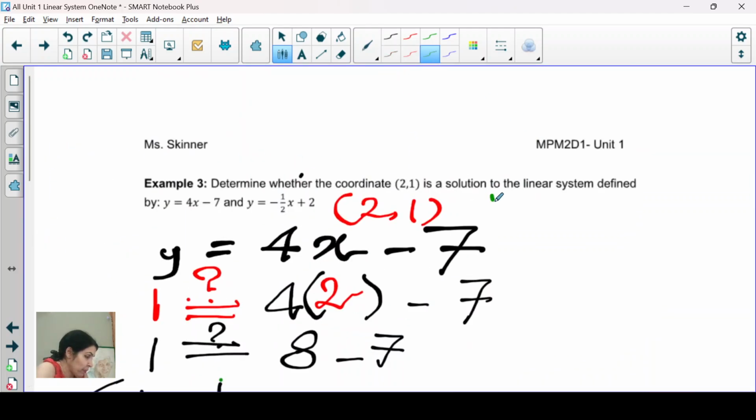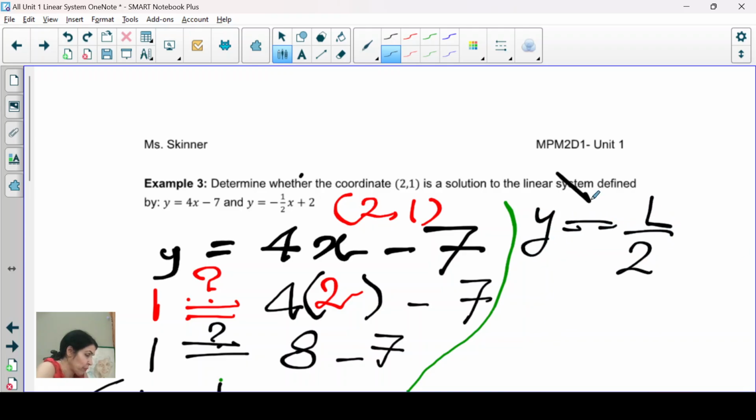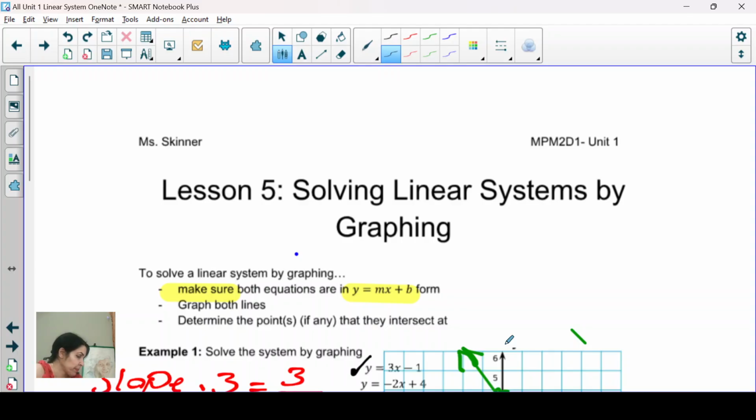Second, we plug this point into the second equation. The second equation is y equals negative 1 over 2 x plus 2.